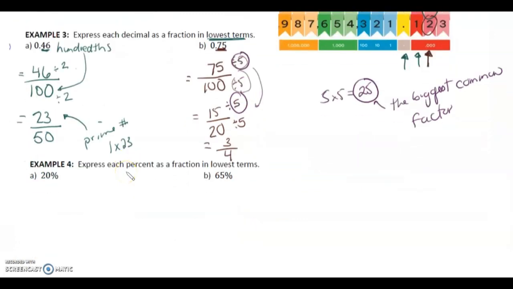All right, example 4. Express each percent as a fraction in lowest terms. So this symbol right here actually means 1 times 1 over 100. Okay, it's percent or per 100. And the prefix per is division.